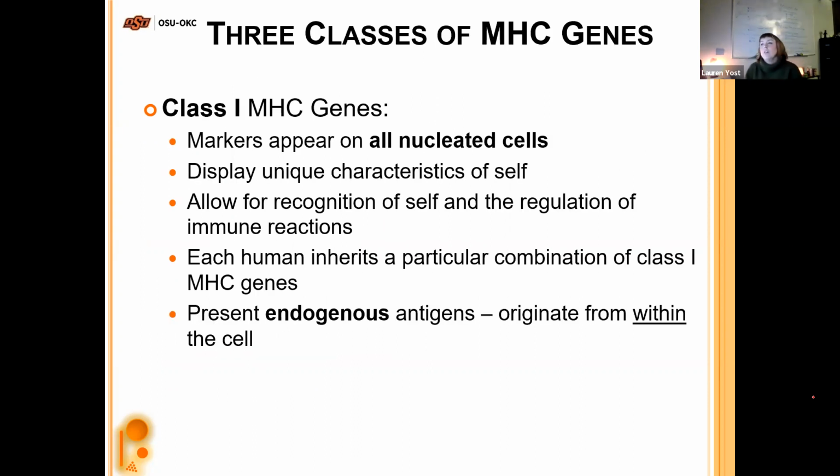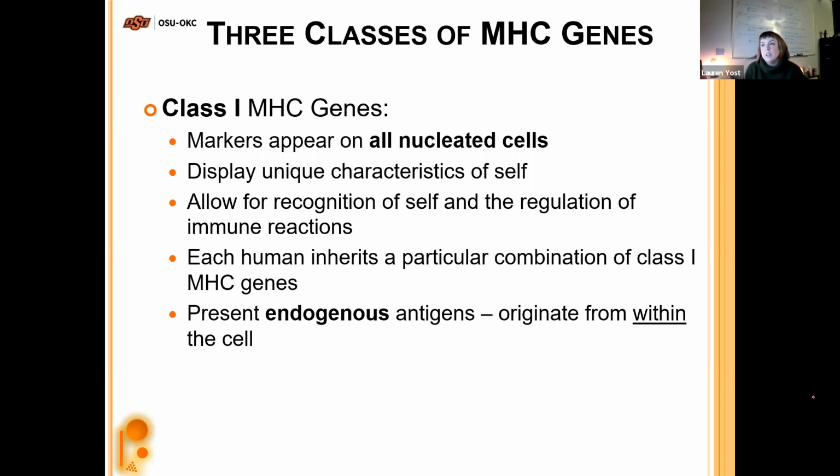So, class 1 MHC genes are markers that appear on all nucleated cells. MHC is the major histocompatibility complex that our body uses to recognize whether something is self. If you have a nucleus, you've got a class 1 MHC.